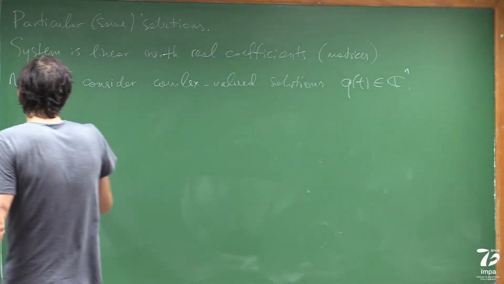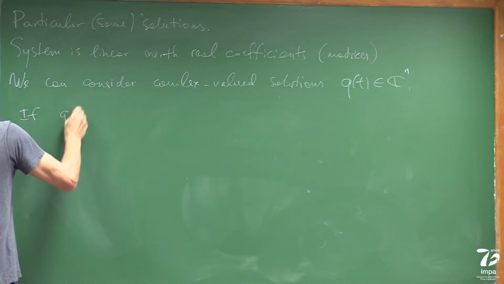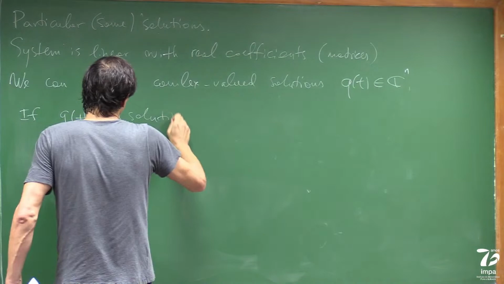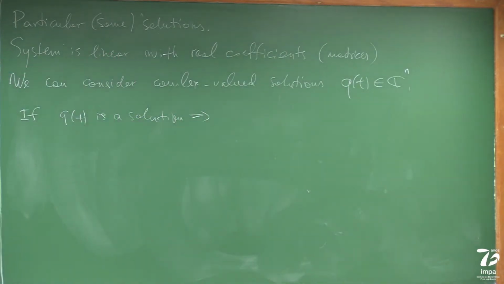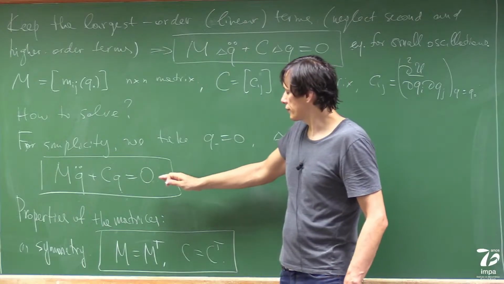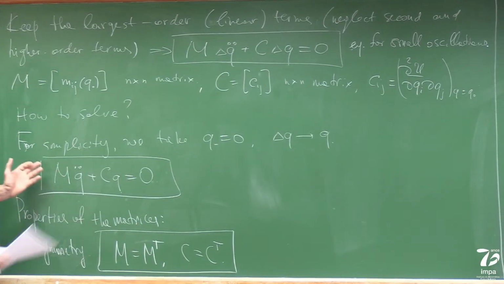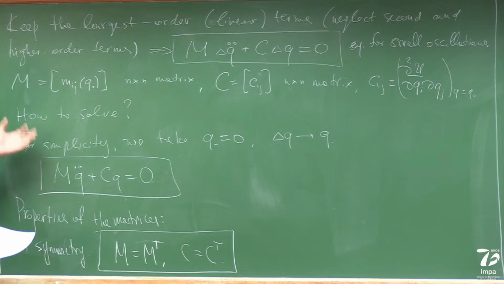And then what you can say is that if Q of t is a solution, then taking real, so if Q is a complex solution, then the left hand side can have real part and complex part. And both real part is 0 and complex part is 0.